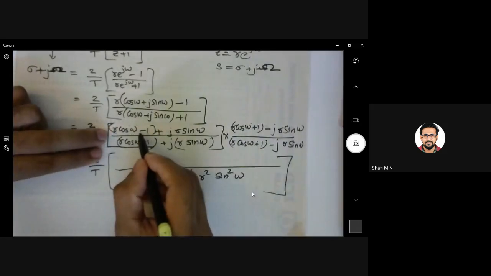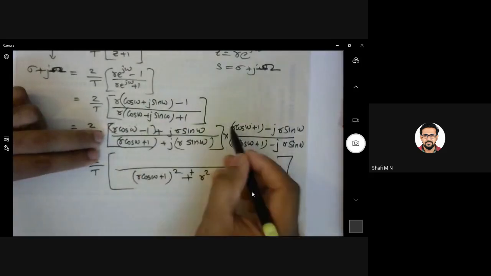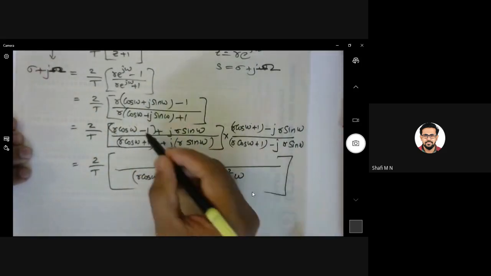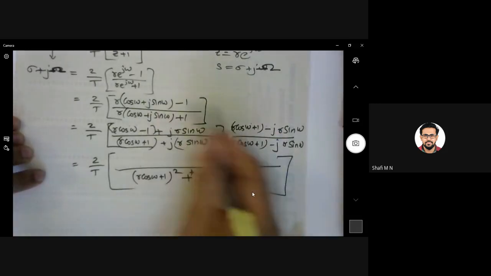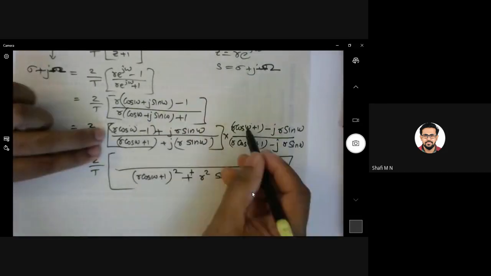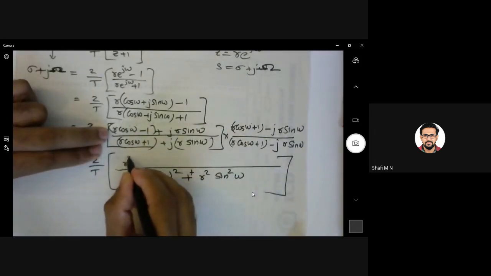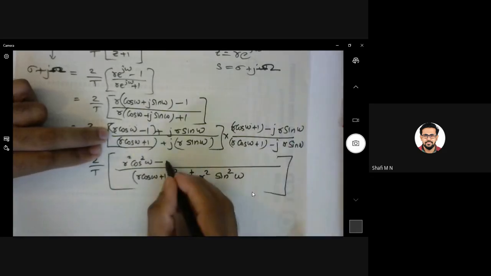Again, this is of the form (a minus b) into (a plus b), so just a square minus b square. So you will have r square cos square omega minus 1 square, so that is 1.